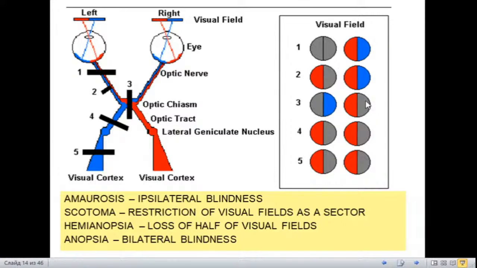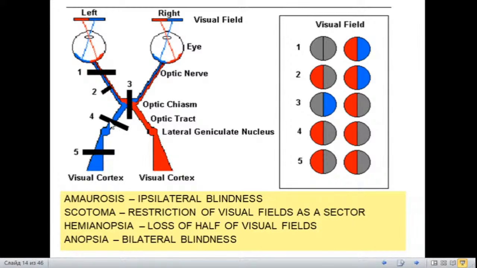In this case, when half of the visual fields is lost, we say hemianopsia, loss of half of the visual fields. In this case, because both temporal visual fields are lost, we say bitemporal hemianopsia. And case number 4, damage to the optic tract.